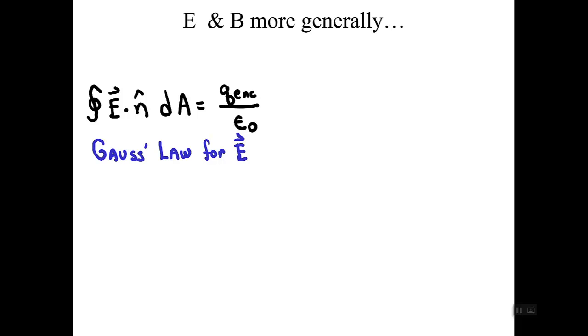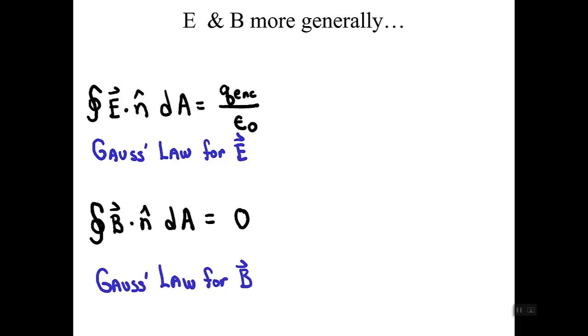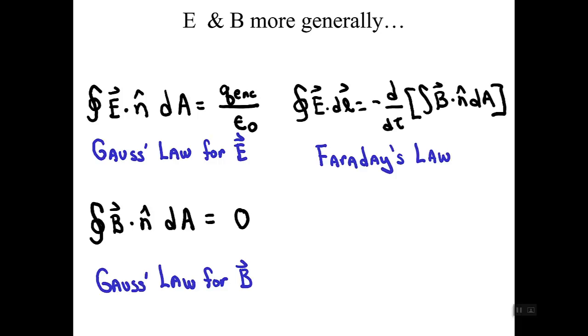They are Gauss's law for electric fields and magnetic fields, which, among other things, tells us electric charges can be sources of electric fields, but magnetic fields lack similar such source charges. Additionally, we learned from Faraday's law that time-changing magnetic fields can produce electric fields.